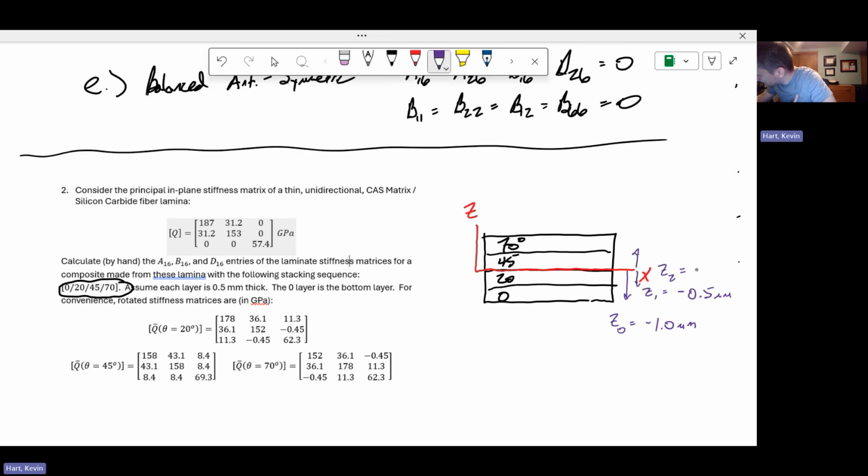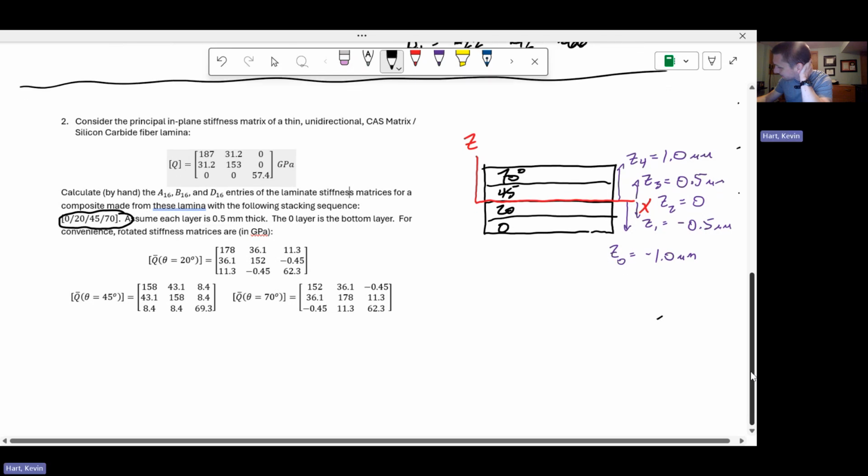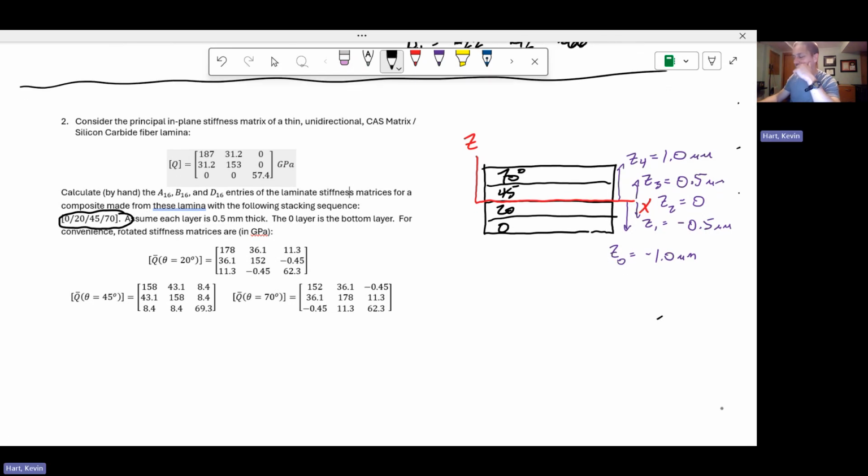Z2 is the middle of the stack, so this is 0. This is Z3 just above, so 0.5 millimeters. And then we have Z4 to the top of the stack, which is 1.0 millimeters from the center coordinate system. We're going to need these Z values when it comes to calculating the stiffness matrices A, B, and D.